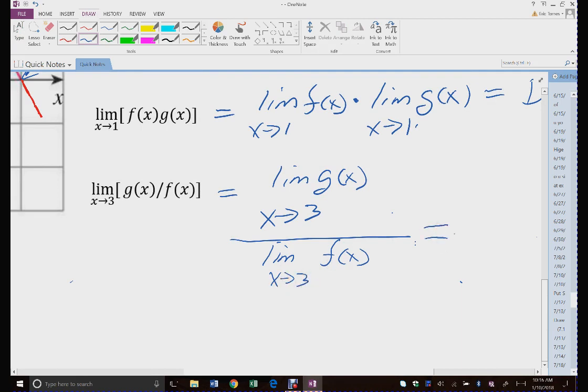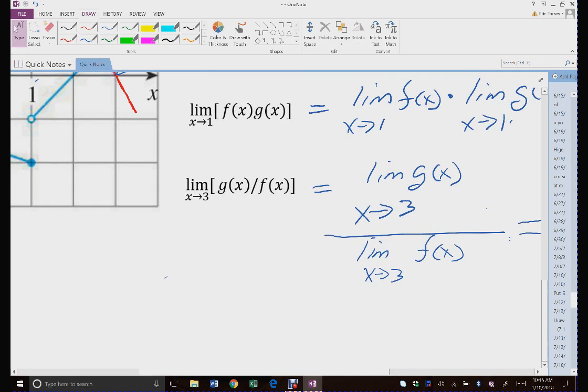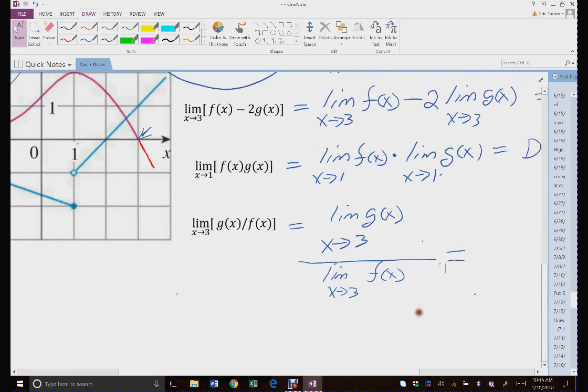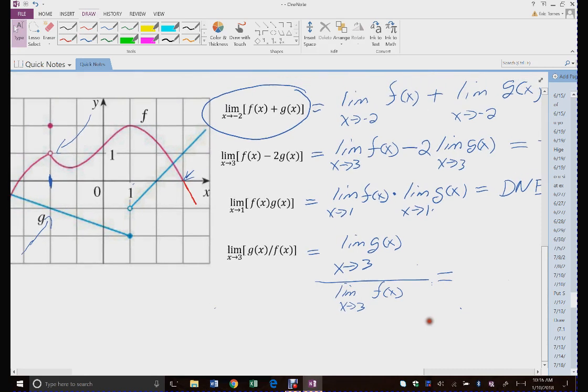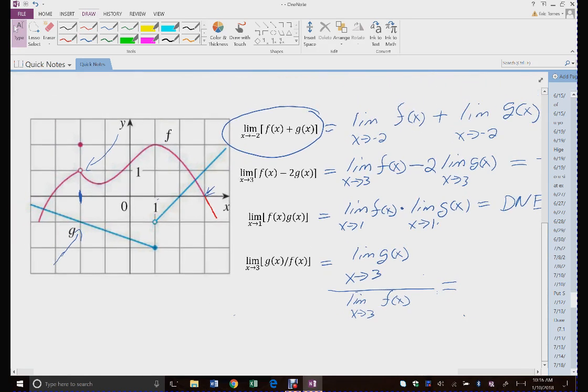So that's going to equal, let's see what the top is. The limit of g of x as x approaches 3.